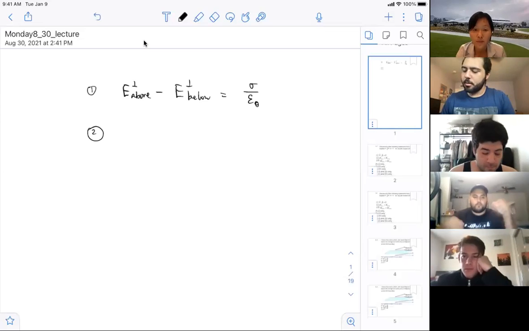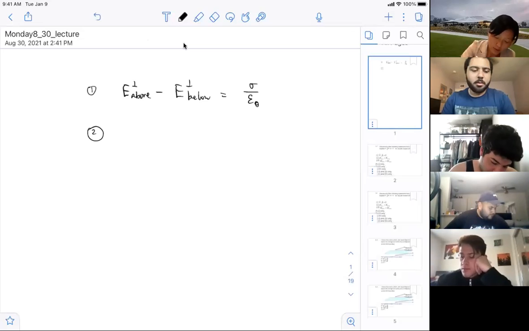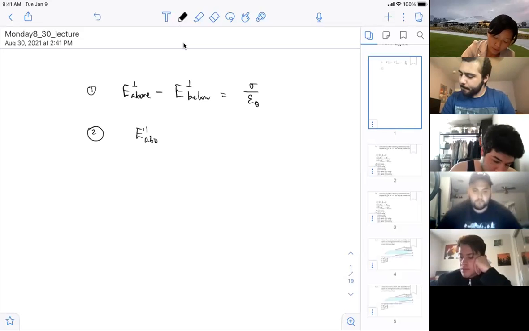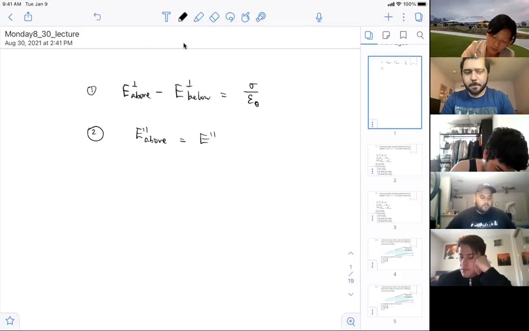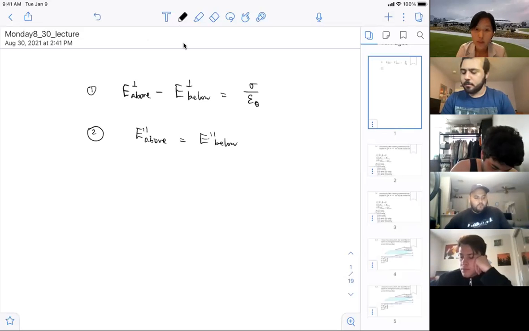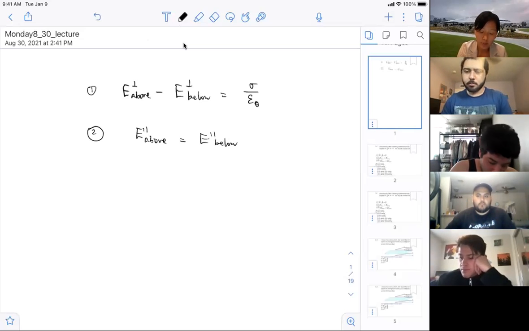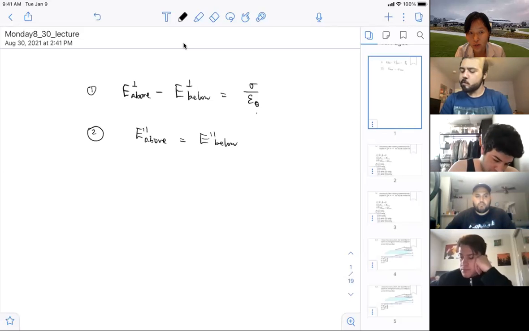Any other ones? E parallel above is equal to E parallel below. Very good. The parallel component of E is always continuous across the boundary, but the perpendicular component could jump, especially if you have a surface charge density across the boundary.